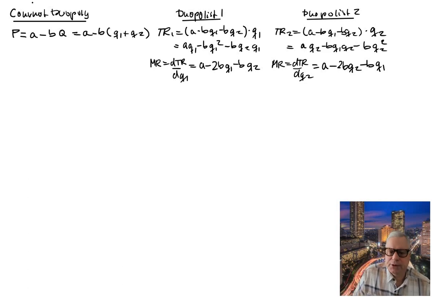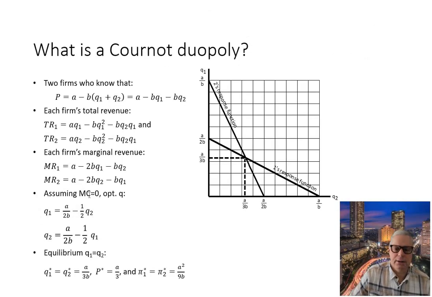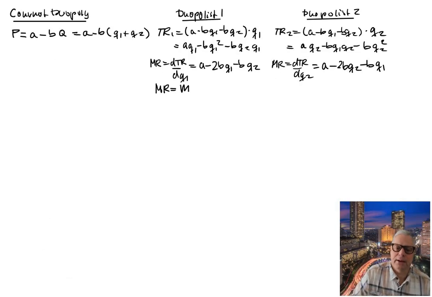And now we maximize profit by equating marginal revenue equals marginal cost, and I just call marginal cost M. You see on this slide, I assumed that the marginal cost is 0 and I didn't explicitly consider it, but I add it here.